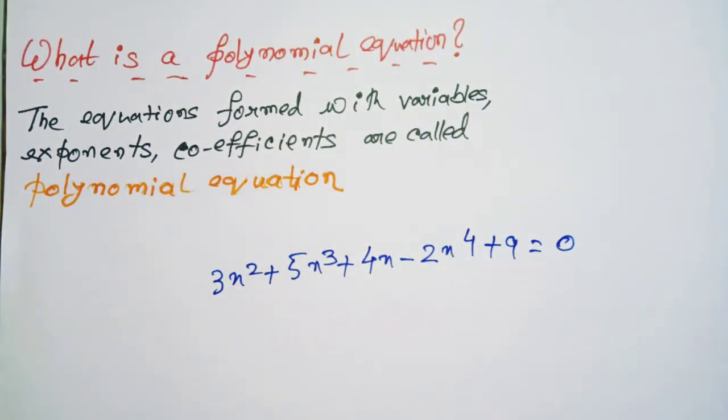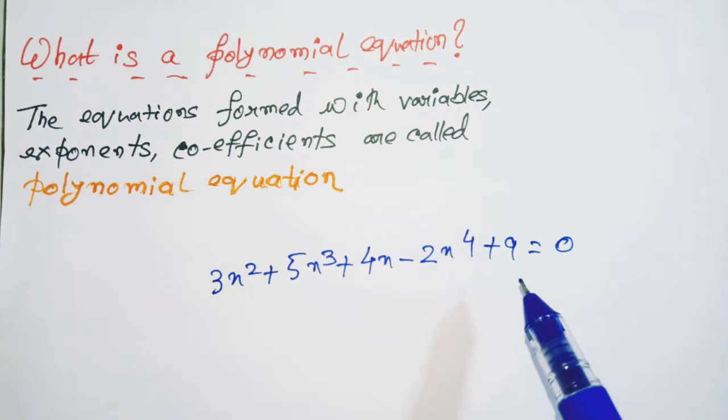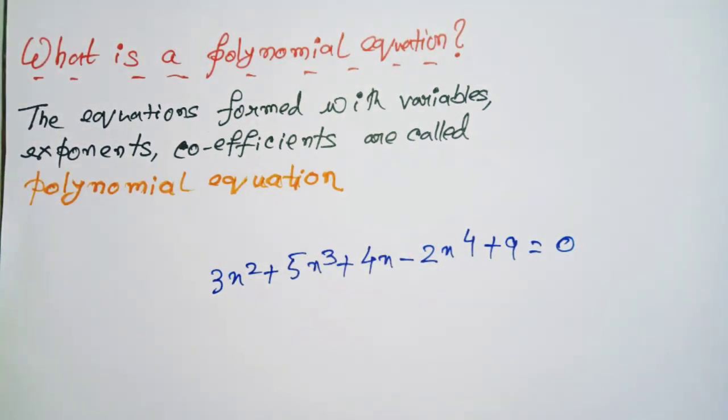It can be a polynomial equation, right? Because it is formed with the variable x, it has got exponents, coefficients are there, and it is called a polynomial equation.